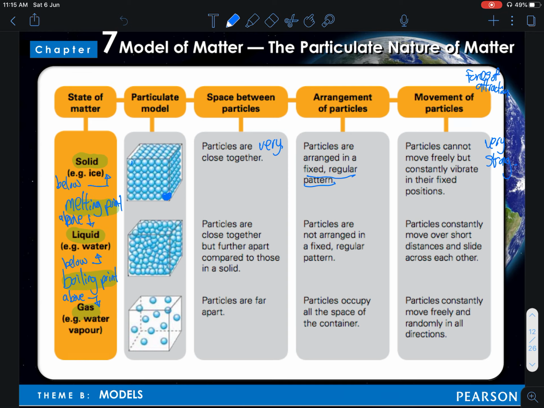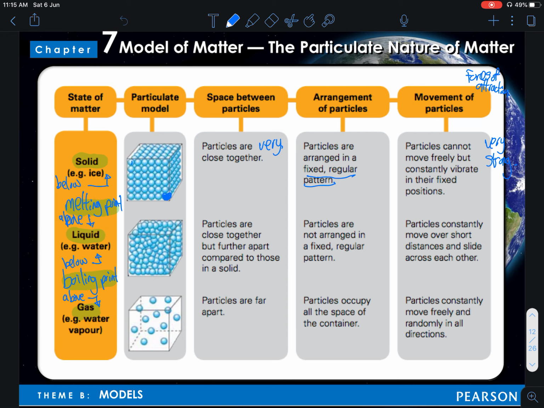Same concept with the particles in the states of matter: the amount of interaction force between the particles will help determine whether they are able to move freely, whether they are able to move fast, and of course contribute to other factors. So let's look at the space between the particles first.